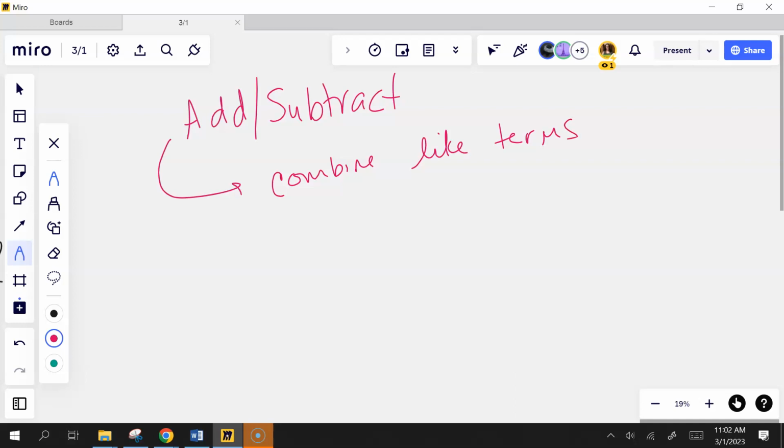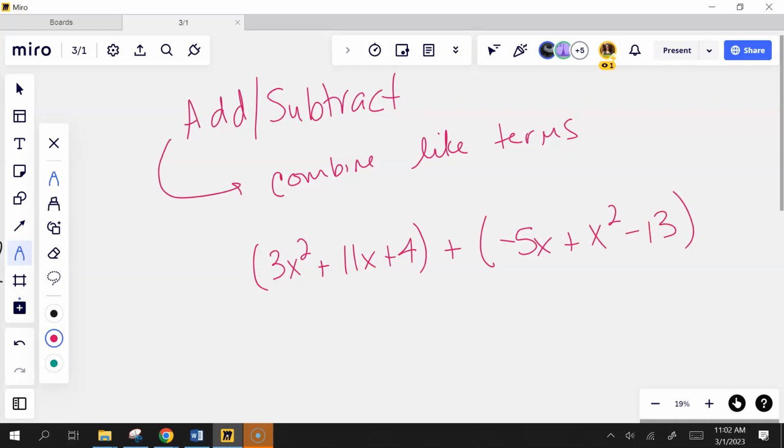So, if I have something like this, those are not in standard form the way they sit, but that's okay because after I simplify it, I will put it in standard form. Like terms, remember what like terms mean? That means the same variable with the same exponent.